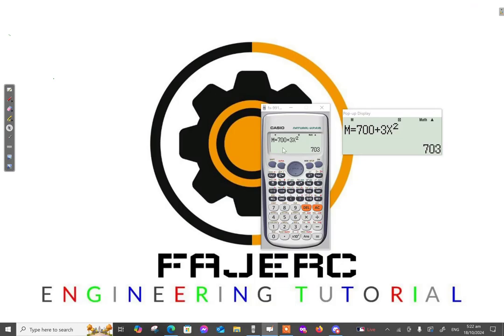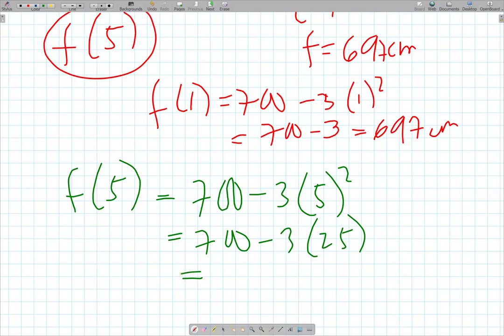700 minus 3 alpha x square. Okay, calc. What is our x? How much then? 5. Okay, so 625. 625 centimeters.